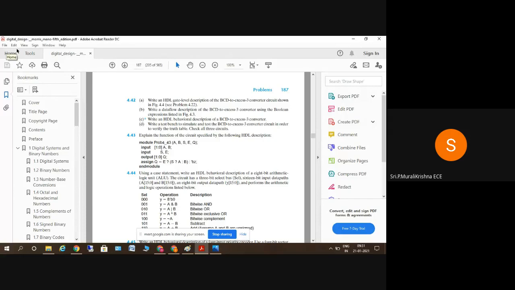So we'll straight away start with the combinational circuits and the design of the simpler circuits. We'll design a simple circuit here. We'll start with the adders, the combinational circuits which perform the add operation.